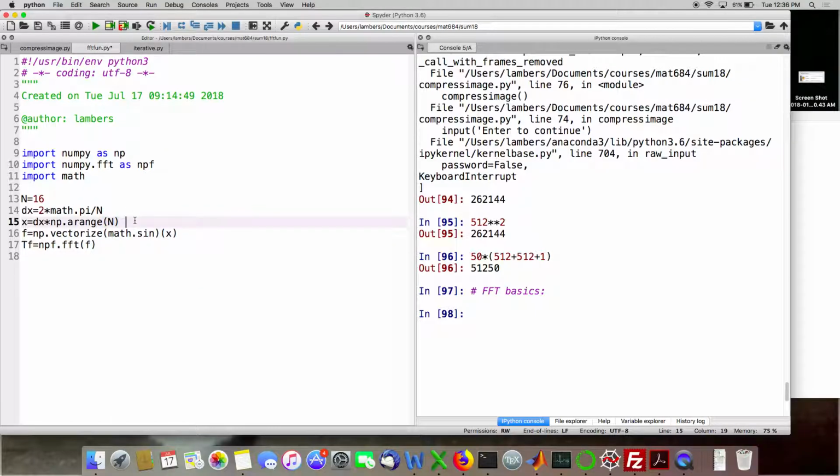The x values include the left boundary point at x equals 0, but not the right boundary. So x equals 2 pi is excluded due to periodicity. We don't need it.